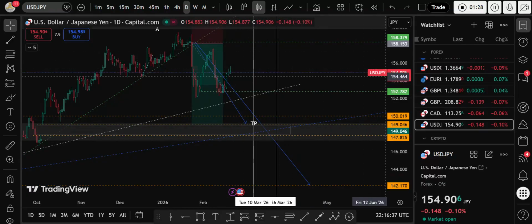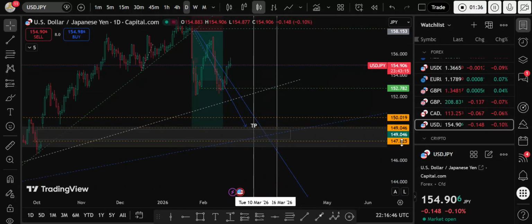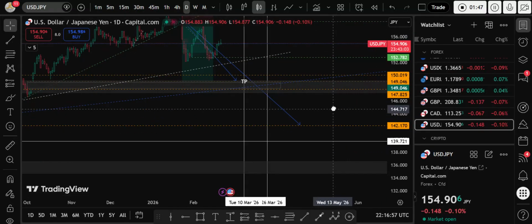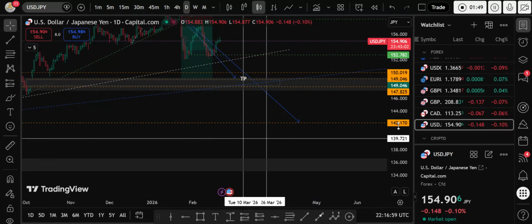From where it is right now, which is 154.906, you can enter for a sell. Those are our TPs: 105.019, also 149.046 and 147.825. Then our last TP is around 142.170.